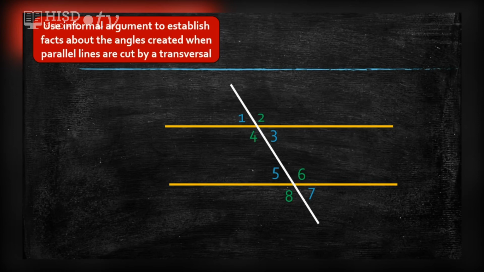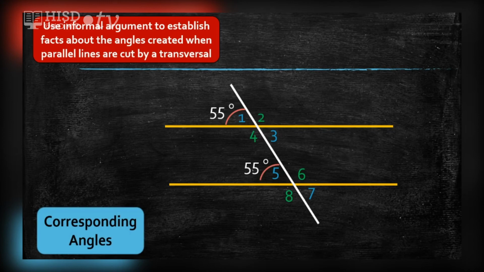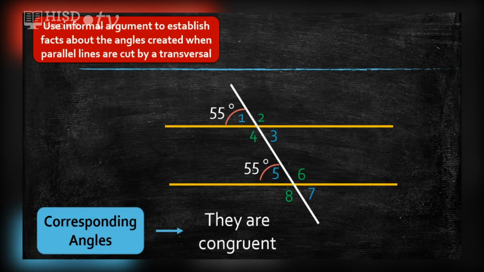Let's say that angle number 1 is equal to 55 degrees. Then that means that angle number 5 is a corresponding angle, and that means that they are congruent. So this can be further explained with angle number 3 being also 55, and that meaning that its corresponding angle number 7, is also going to be 55.